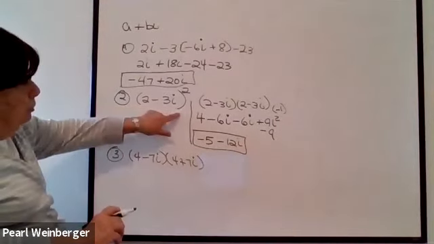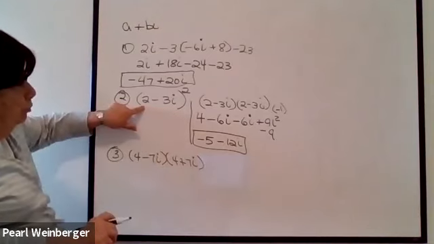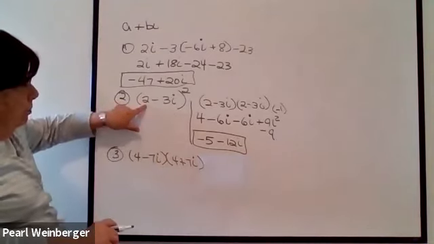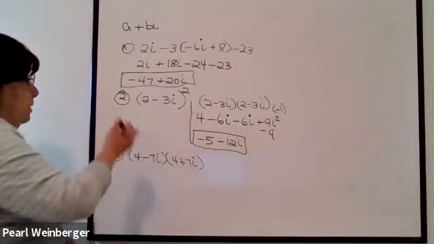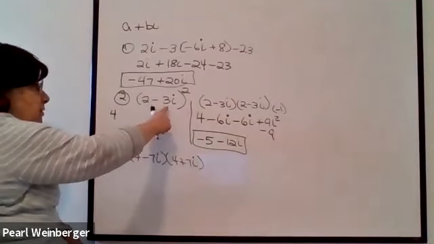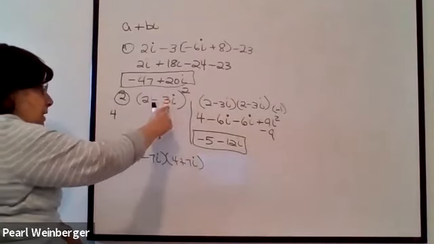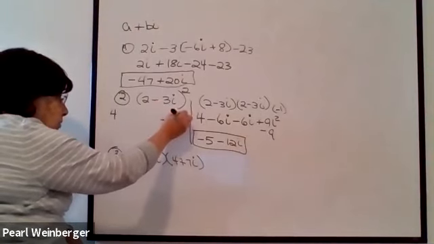I just wanted to show you that I could have done this by that short method that I had told you before. Remember, if you want to square a binomial, you square the first term, 2 times 2, and that gives you 4. You square the last term, negative 3i times negative 3i is positive 9i squared.